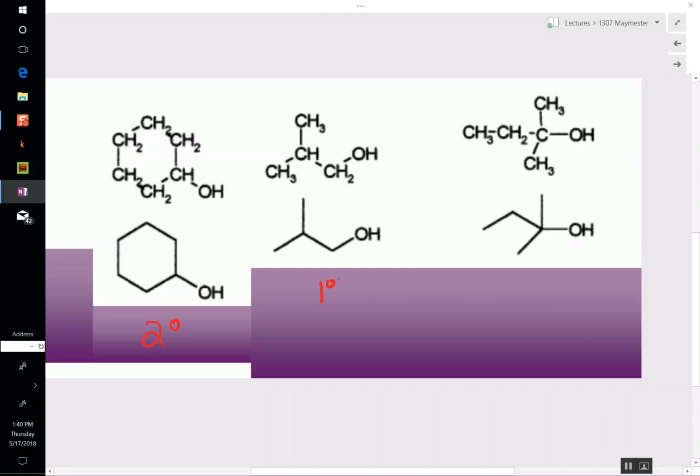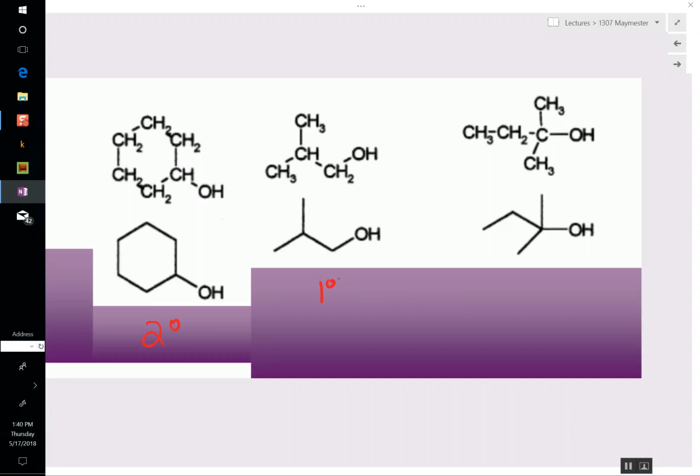But don't get confused by it. Over here you see a carbon with a bunch of carbons on it, but there's no OH on that carbon. The OH is over on this carbon. So how many carbons are attached to it? 1. Don't count those 3. How many carbons are directly attached to the carbon that has the OH? Only one. So that's a primary alcohol.